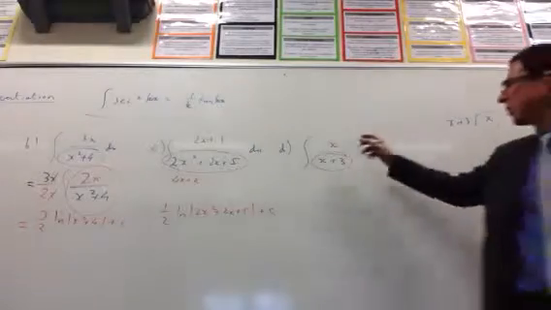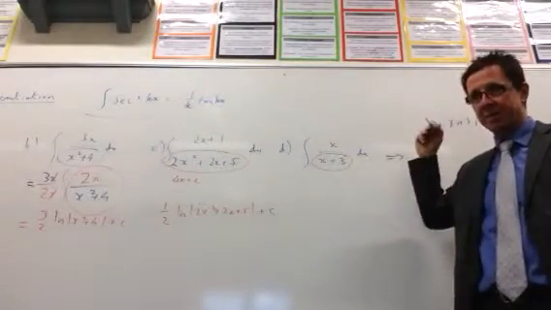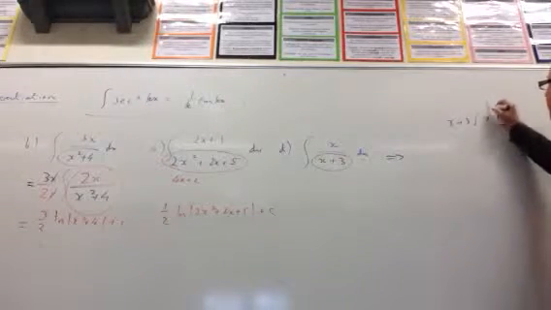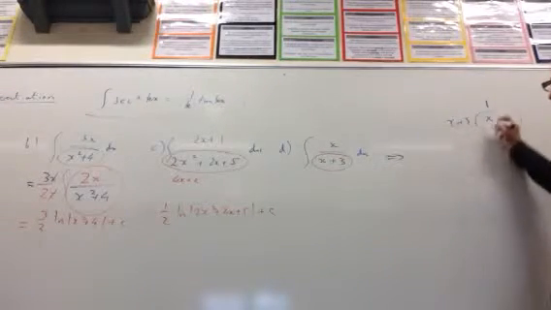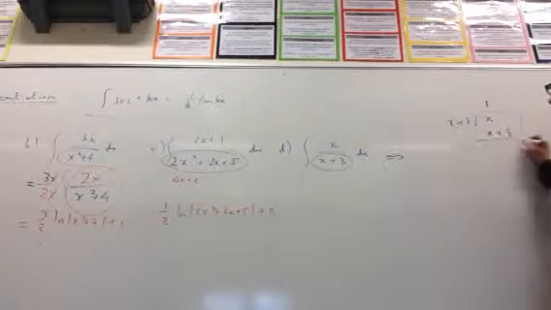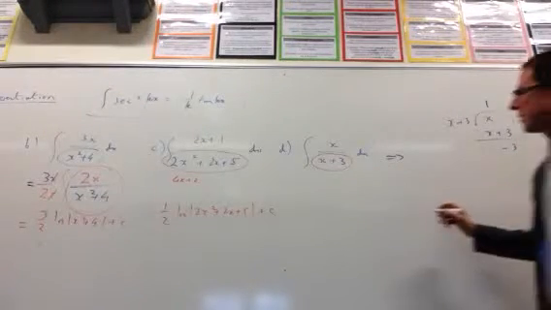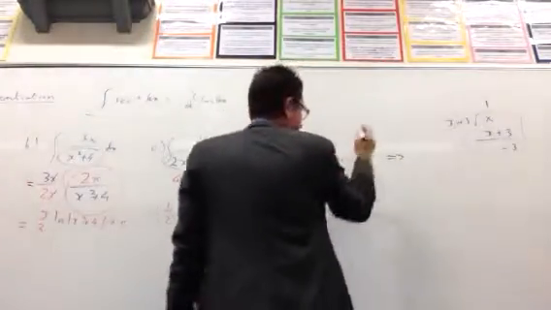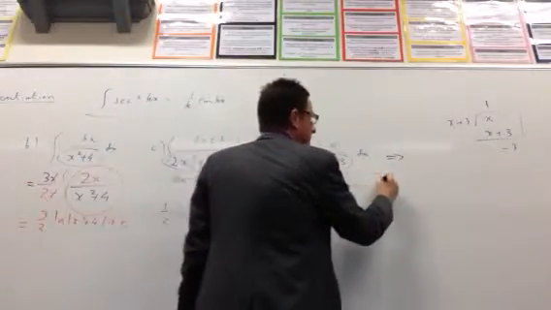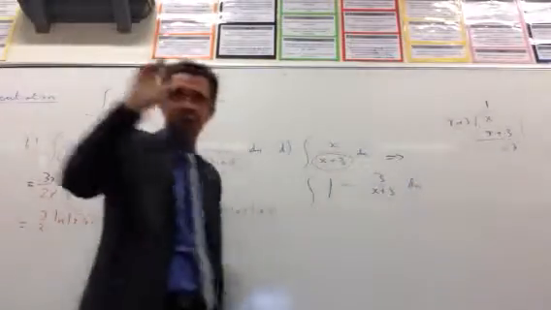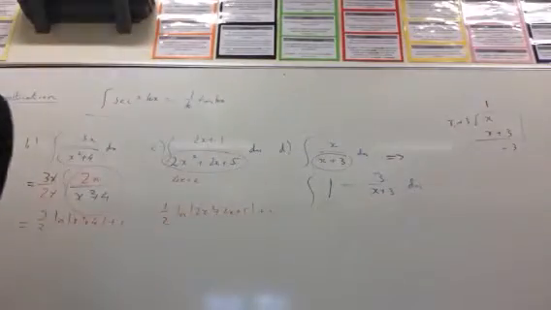You don't want the top and bottom to have the same basic power. So if I divide that into that, it goes once. Multiply back, it becomes x plus 3. Do the division, that becomes negative 3. So that is the same as saying the integral of 1 minus 3 over x plus 3 dx. I've reorganised it.